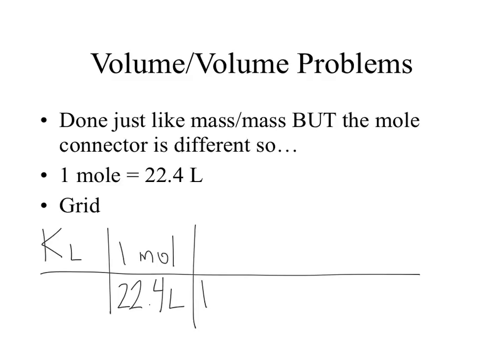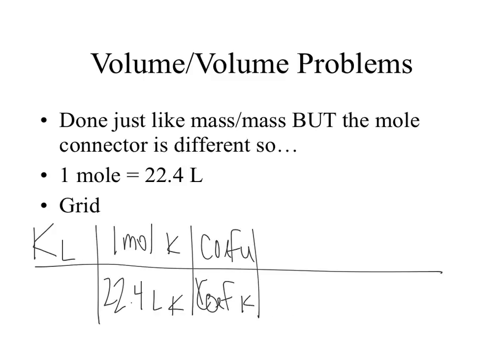So then we're going to use our coefficients to switch. So coefficient of our known over the coefficient of our unknown. But I don't want moles of my unknown, so we're going to do 1 mole over 22.4 liters. We're going to solve and get our answer, and we're going to end up with liters of our unknown here.